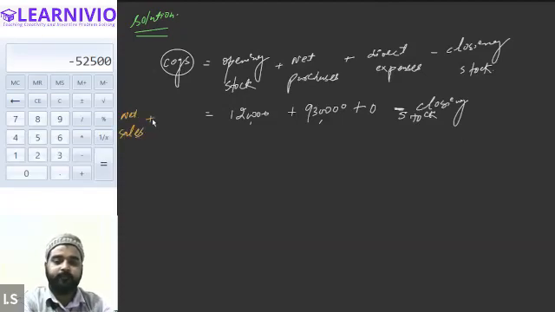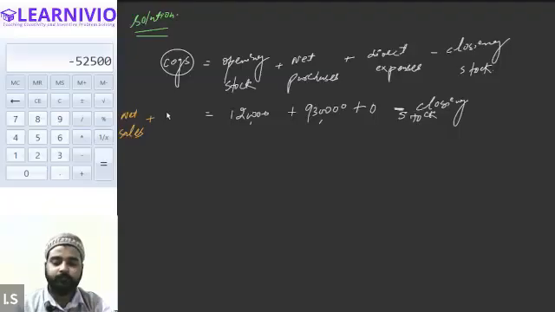Net sales plus gross profit or loss... no, minus. To find out COGS, we reduce the value of profit from the net sales. So gross profit. Is that clear? Any doubts? No doubts.